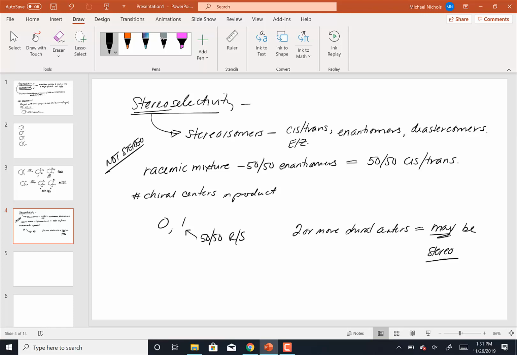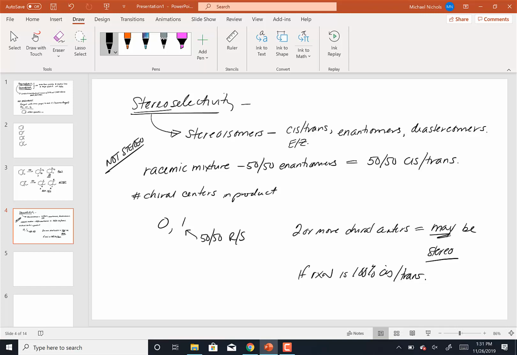It may be stereoselective if the reaction that we're doing is either 100% cis or 100% trans. So if the reaction's 50-50, you're not going to get stereoselectivity. And the reactions that were 50-50 all involve carbocations and radicals.